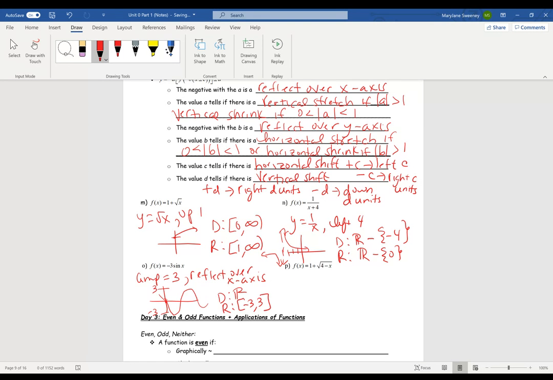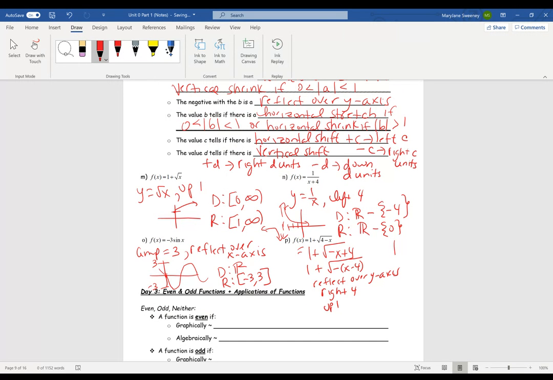And finally, the last one, if I was thinking of it graphically, I would want to factor out the negative. This tells me reflect over y-axis, right 4, up 1.